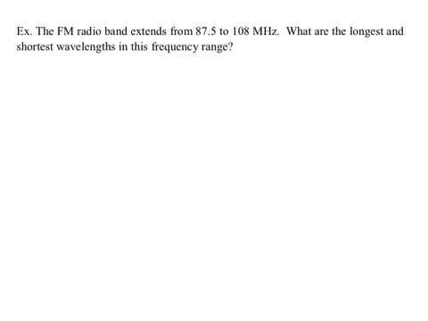So, FM radio, its band extends from 87.5 to 108, and you've noticed this obviously. The band is the actual band of waves. Notice the units are not hertz, but megahertz.